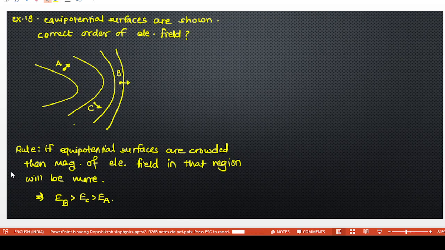Okay, write down with me next concept, electric dipole. Next point is electric dipole.